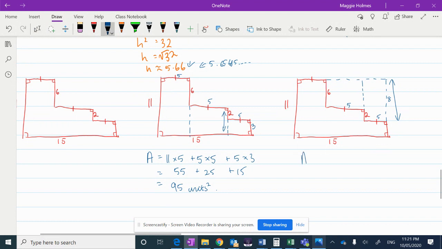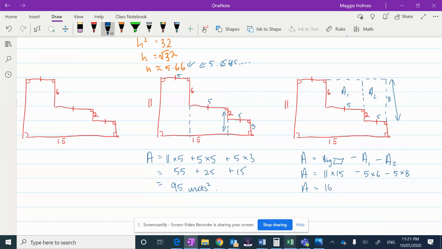So we can say our area is big rectangle minus, let's call this area 1, area 2, minus area 1 minus area 2. So that's 11 times 15 minus 5 times 6 minus 5 times 8, which is, well, again, you can just put all of that in your calculator, and that will be perfectly fine.